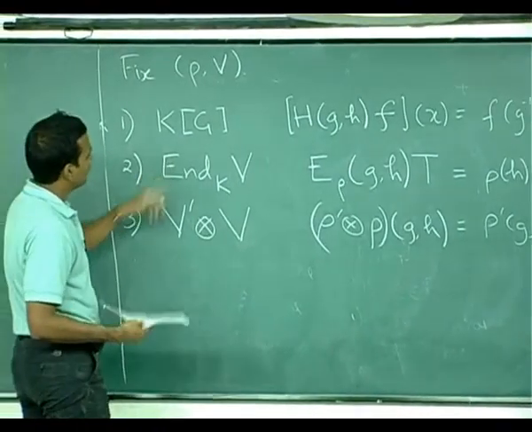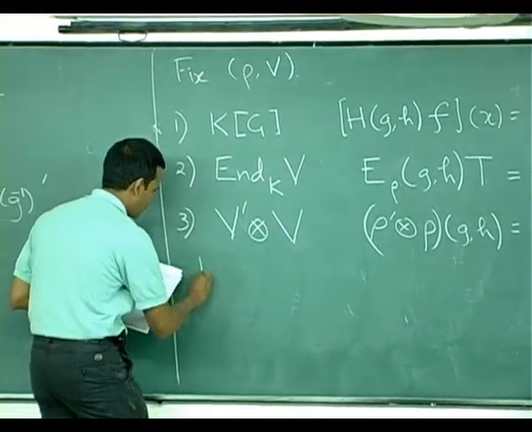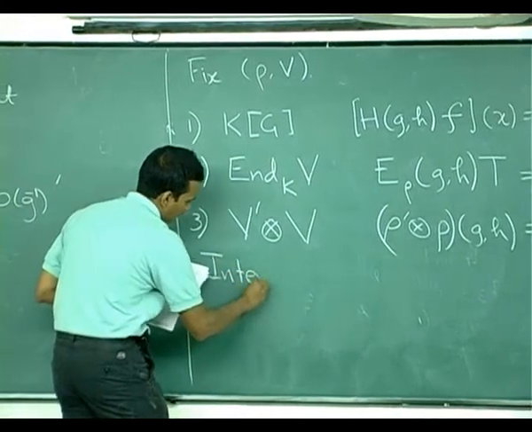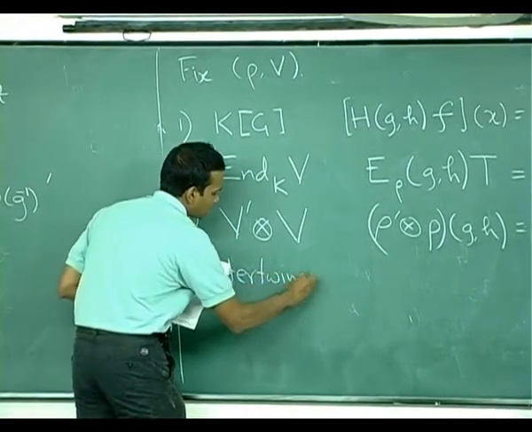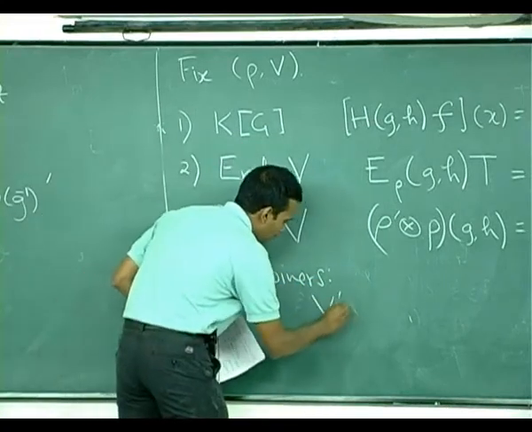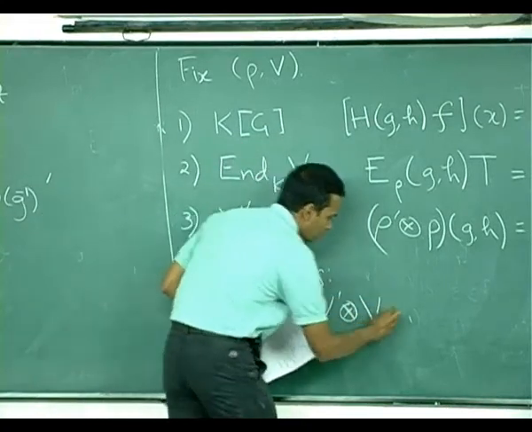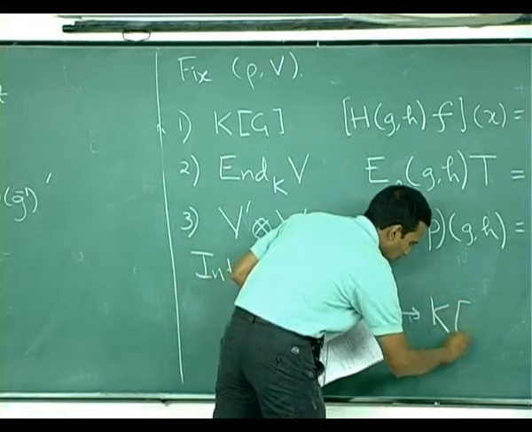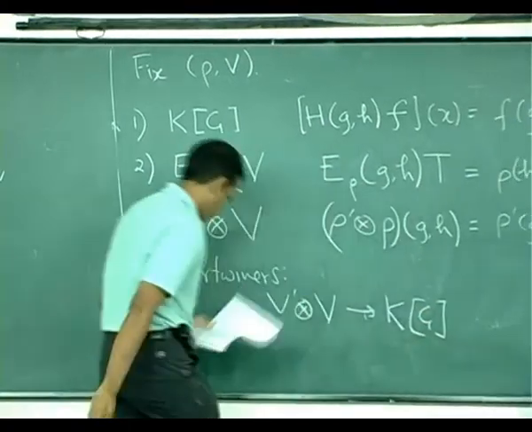So we know that, so let's just see some intertwiners. Again, I'll leave the checking to you. So from V prime tensor V to Kg, you can write down an intertwiner as follows.